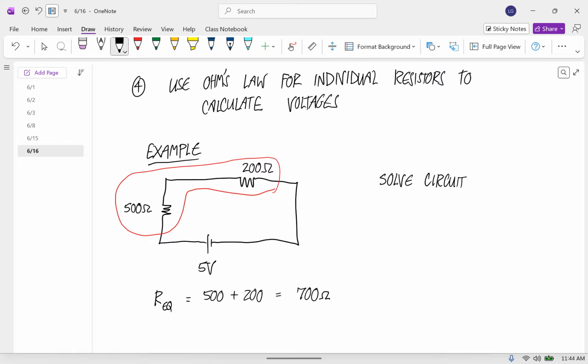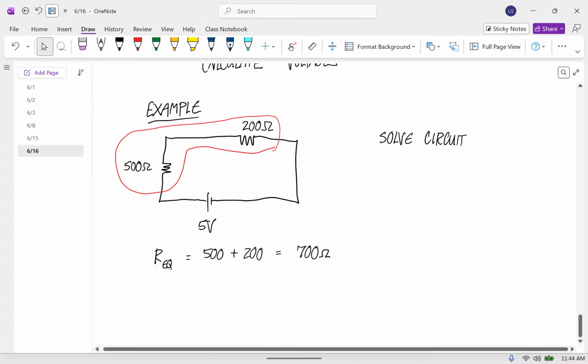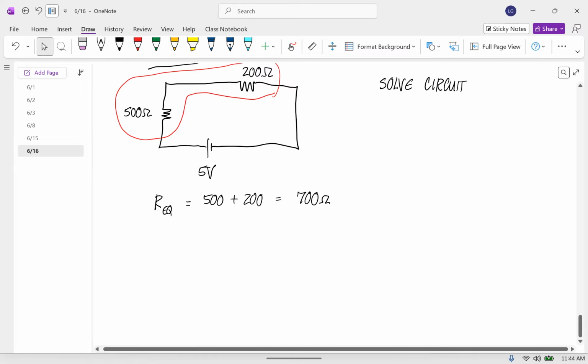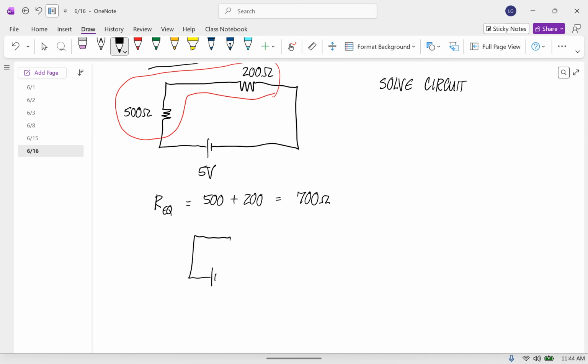If you wrap tape around both of those or whatever and sold it as a single unit, it would be a 700 ohm resistor. And so now we just have to solve that circuit. We've updated it to this, where this is 5 volts and this is 700 ohms.